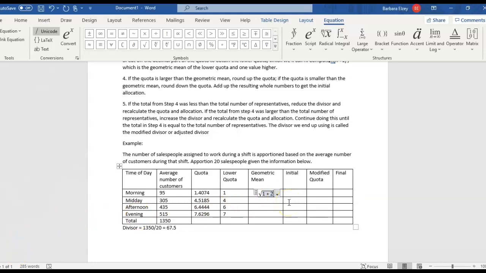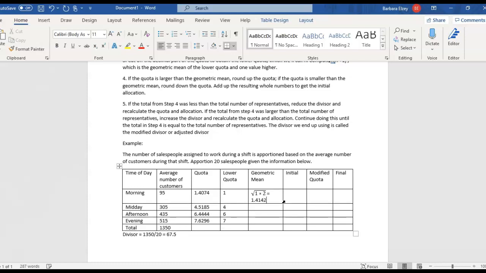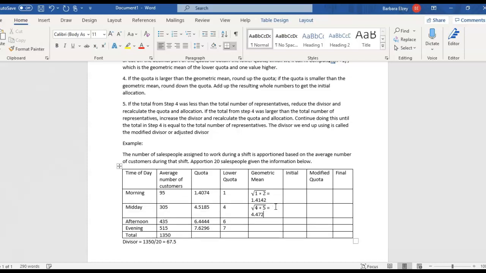And I get 1.4142. All right, so for my next one, I'm going to do the square root of 4, and 1 more will be 5. So the square root of 4 times 5, really the square root of 20, and that's going to give me 4.4721.